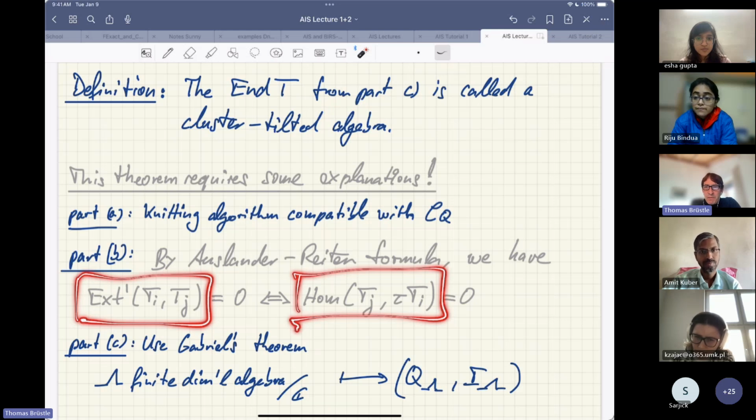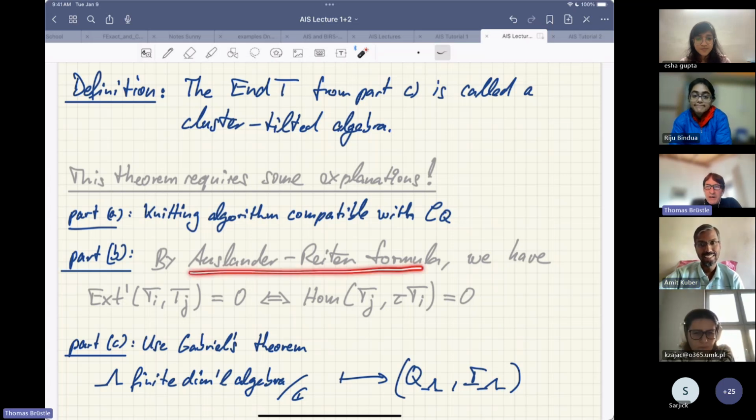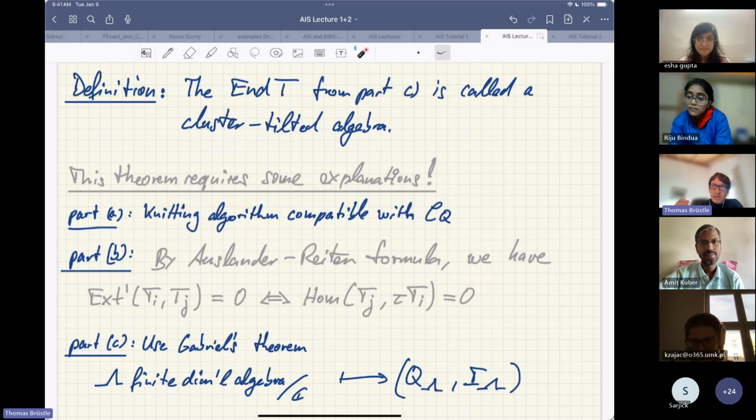There's a formula, the Auslander-Reiten formula, which you mentioned last week. I gave a short proof as well. In the Auslander-Reiten formula, you have to consider the stable hom. However, if I am in a hereditary category, if I consider representations of a quiver without relations, I can forget about the stable.